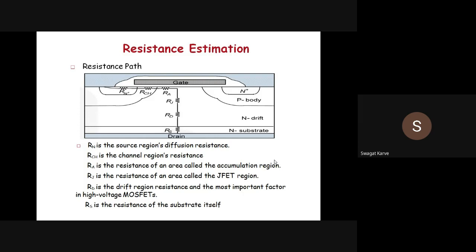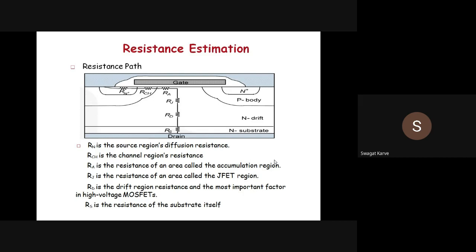And one more point you should remember: this path we are talking about, the resistive path, is the path where the current will flow, from the drain to source, following the same path.